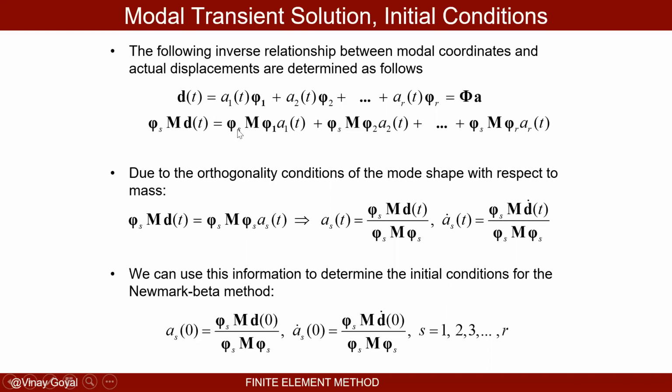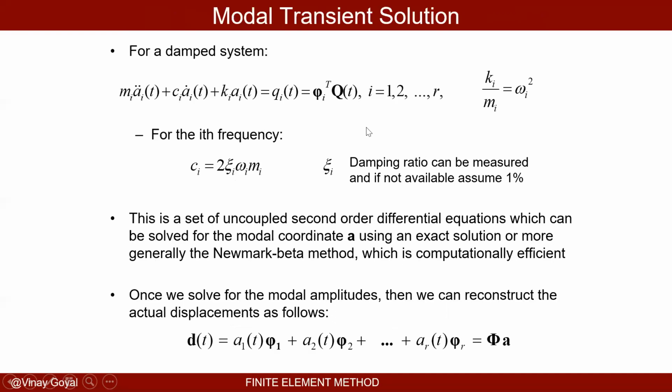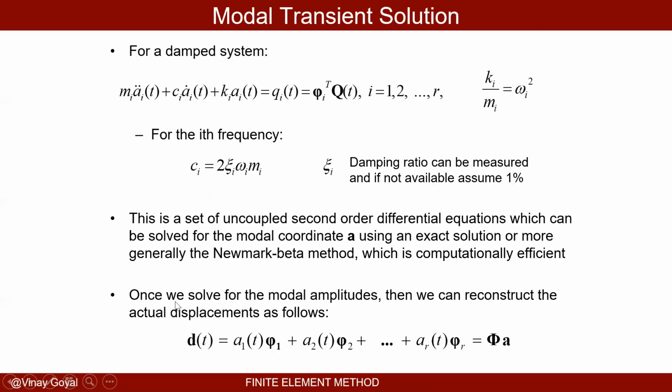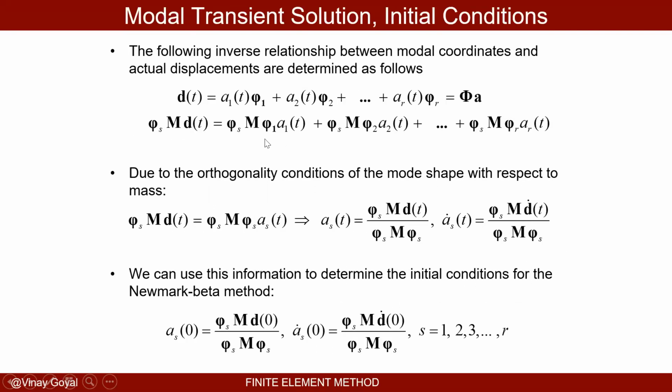If I do that, phi 1 times M bold times phi 1 is the only thing that will survive, because phi 1 bold times M bold times phi 2 is 0 due to the orthogonality properties I discussed right here. If i and j are not equal, this is 0. So the only one that's going to survive is when s is equal to 1 or s equals 2. That's what's going on there.